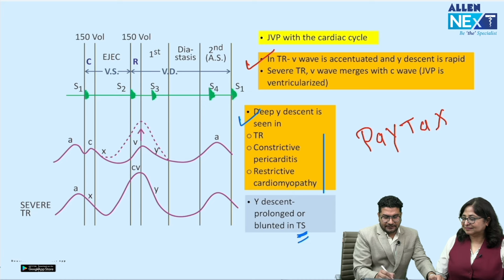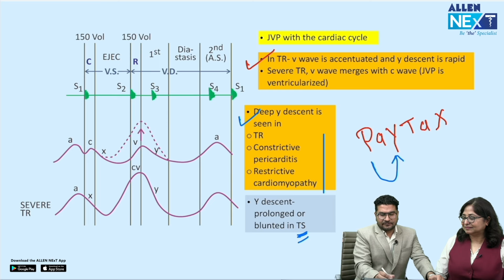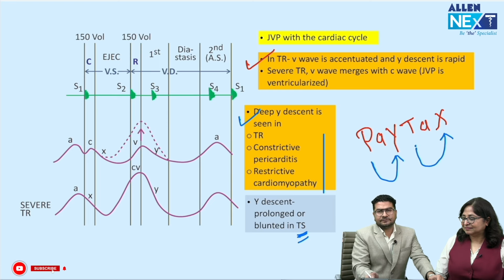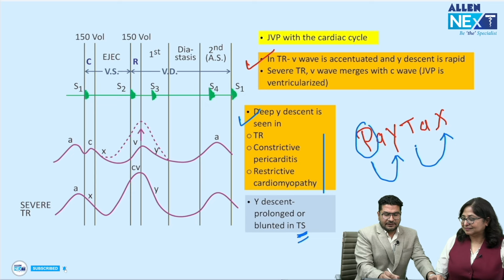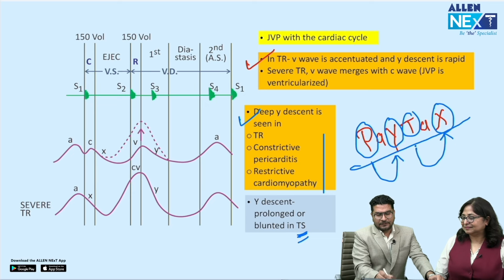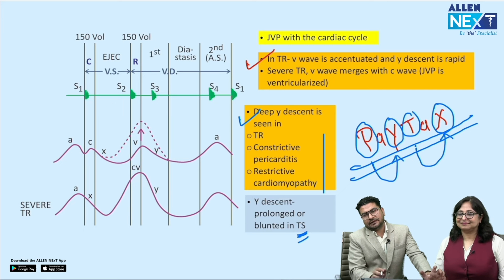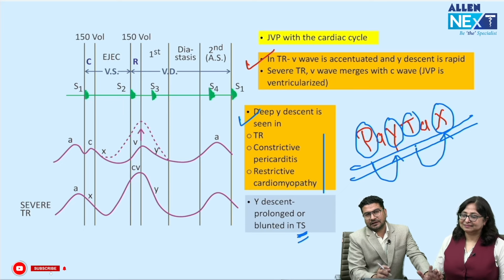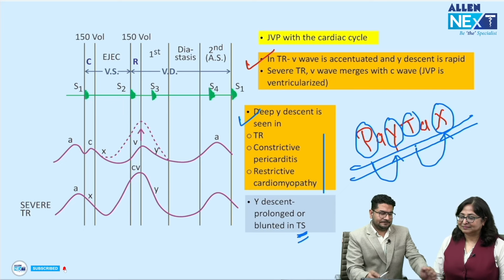Pericarditis will have a Y descent, and tamponade will have an X descent. So these are the JVP abnormalities, and they ask these types of questions again and again in exams.